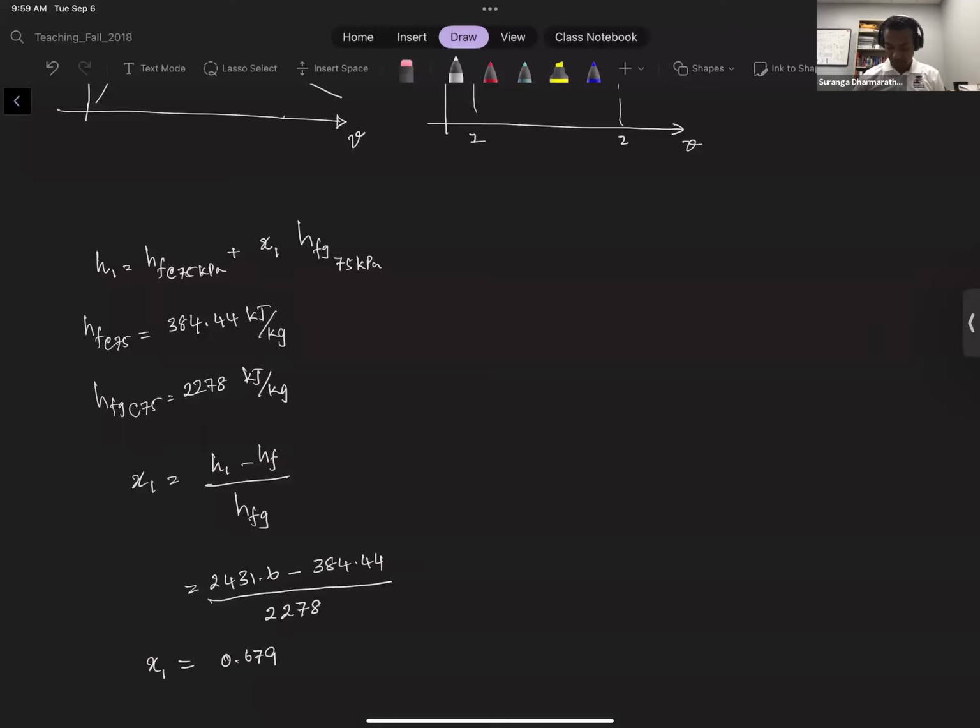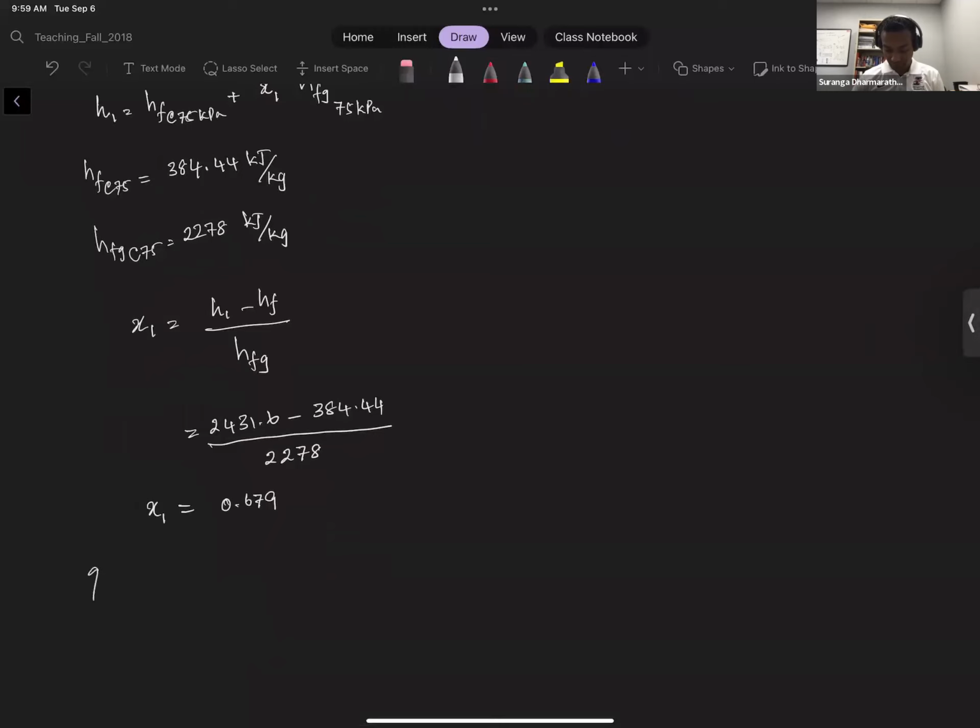That's the quality of steam. So the quality of steam at entrance is 67.9%. Okay.